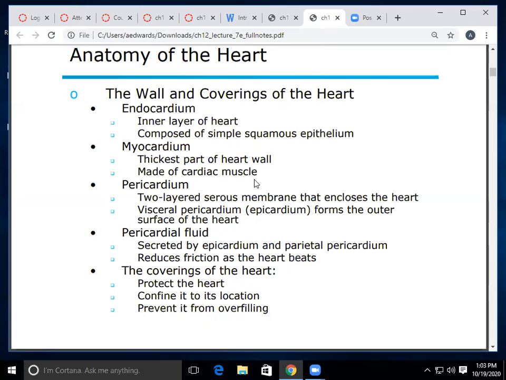You also have pericardial fluid. It's released by the epicardium as well as the parietal pericardium. And its function is to reduce friction in your heartbeats.